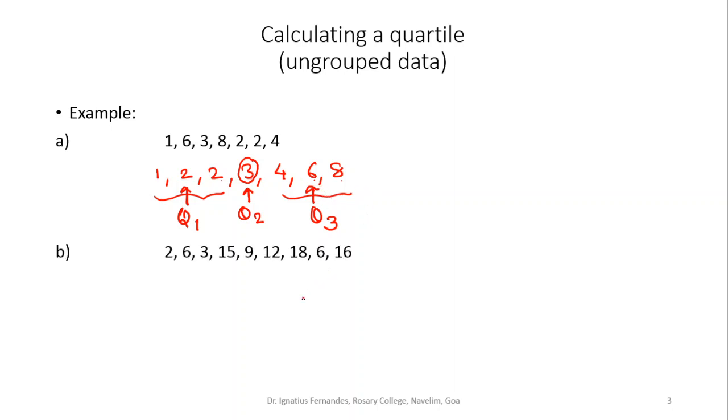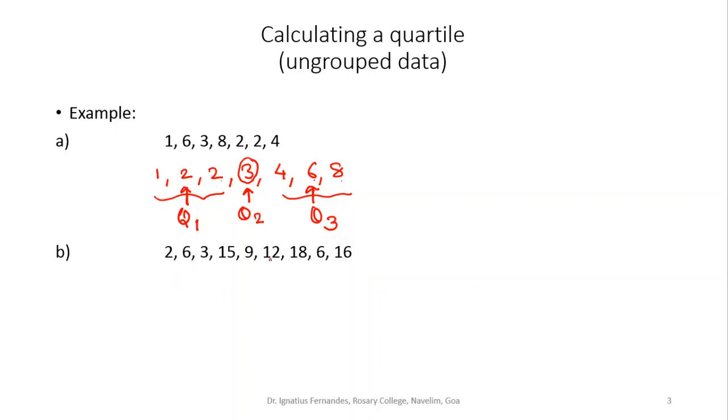Let us consider this series now. I have 2, 6, 3, 15, 9, 12, 18, 6 and 16. In the same way, if I have to find the quartiles here, I'll have to put these numbers into ascending order.